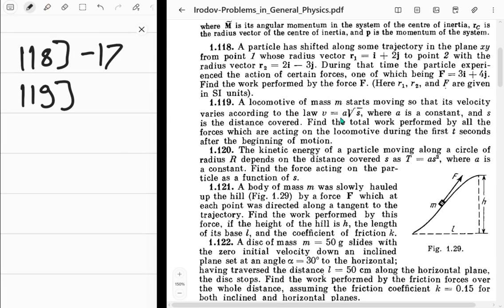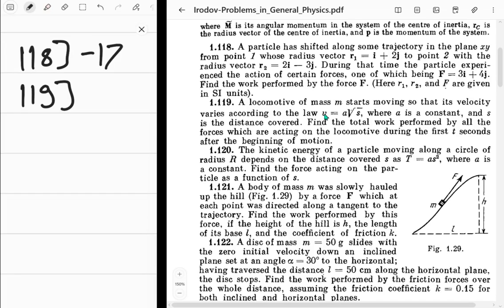Wait a second. The total work done by all of the forces acting on it is just the change in the kinetic energy. Initially its velocity is 0, and then finally, yeah, it's doable. They give us a speed, and speed is just ds upon dt.